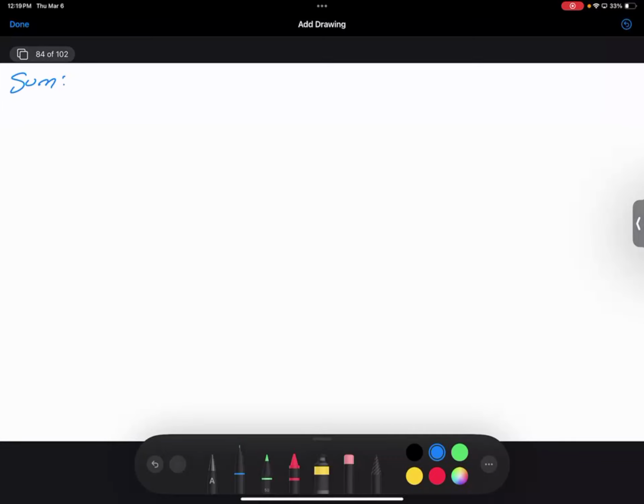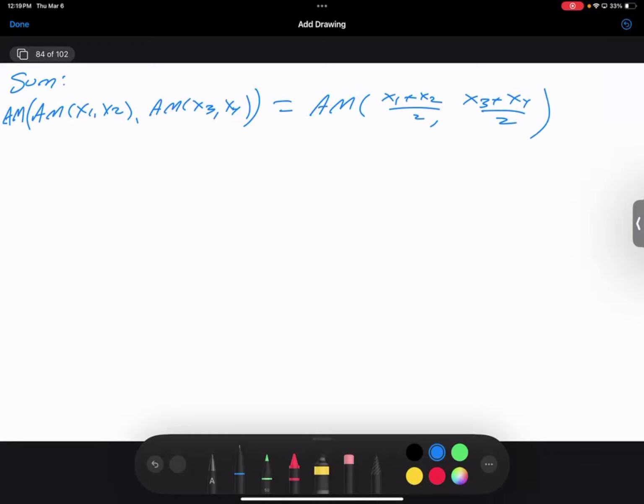the sum. So we want the arithmetic mean of x1, x2, arithmetic mean of x3, x4, and take the arithmetic mean of that. So that's the arithmetic mean of (x1 plus x2)/2, (x3 plus x4)/2.